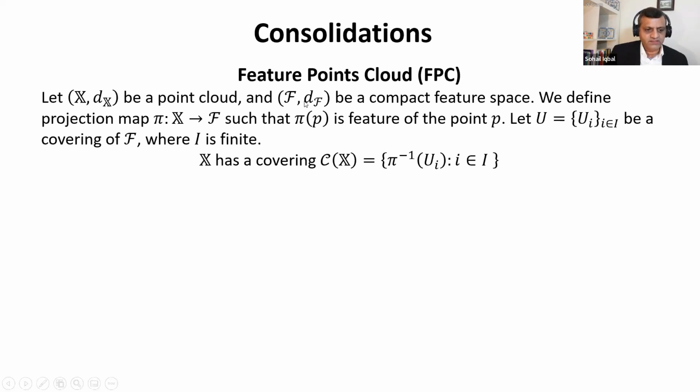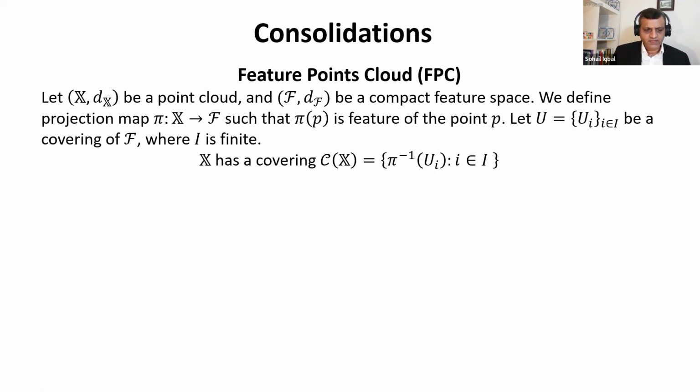Okay, so we have a point cloud, and we have some feature space, and in our case, we will take this feature space to be the intensity of the pixels. We want this to be a compact space so that we can have finitely many open sets that can cover the whole space. With the help of that, we get an open covering of this initial point cloud X, and we require it to be in a metric space.